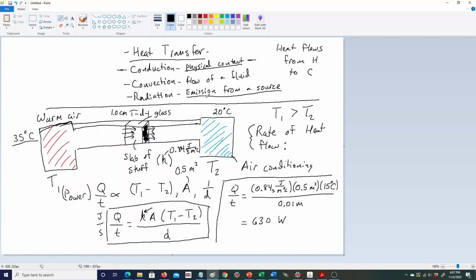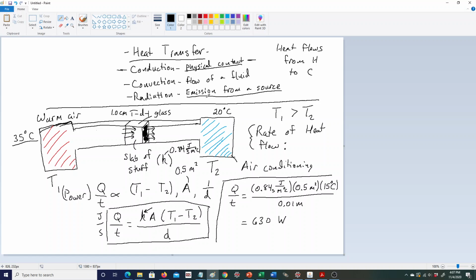So I'm going to assume that the warm air is outside. This is a really warm summer day, 35 degrees Celsius, and my air conditioning inside is working and it's trying to keep the room at a 20 Celsius temperature. And in between these two, I'm going to have a window made up of glass.